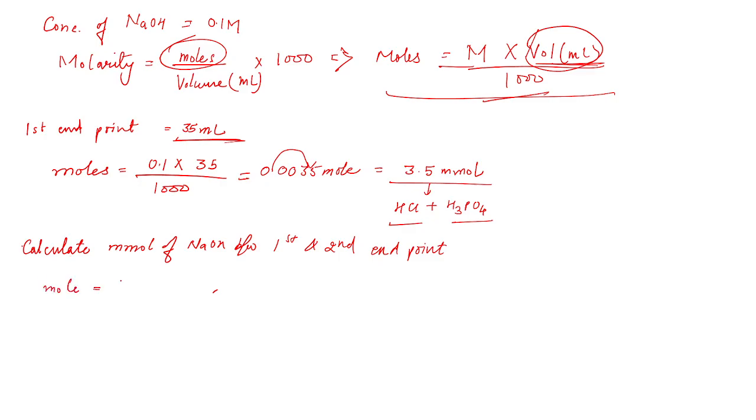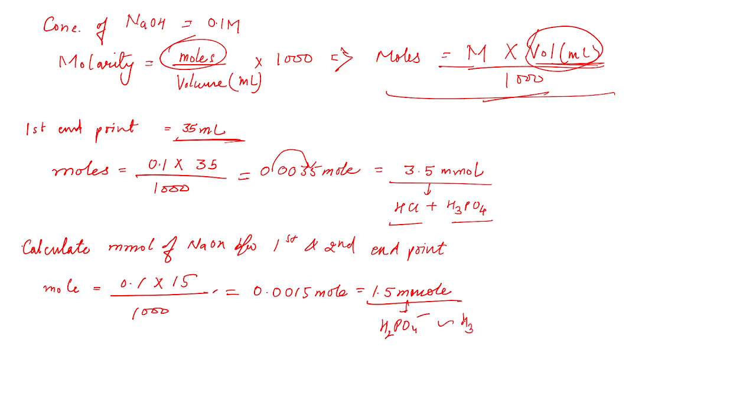Moles is going to be 0.1 multiplied by the remaining volume, 50 minus 35, which is 15 ml, divided by 1000, which equals 0.0015 moles, or we can say 1.5 millimoles, right? So this is the amount of H₂PO₄⁻, or we can say this is also the amount of H₃PO₄.